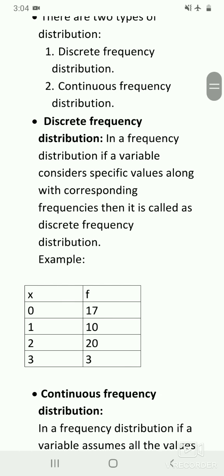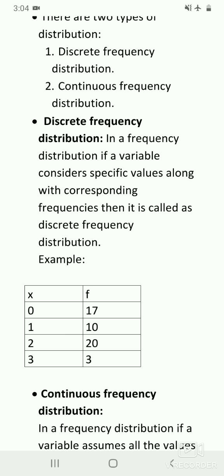For example, x can be the number of children and f the number of couples. Here x is 0, 1, 2, 3 and f is 17, 10, 20, 3. We interpret this table as: there are 17 couples who have no child, 10 couples who have a single child, 20 couples who have 2 children, and 3 couples who have 3 children.